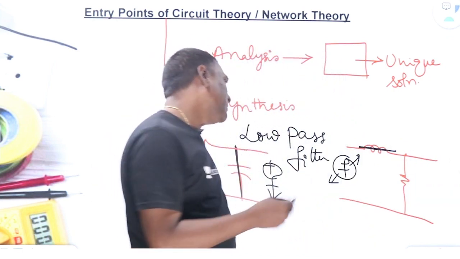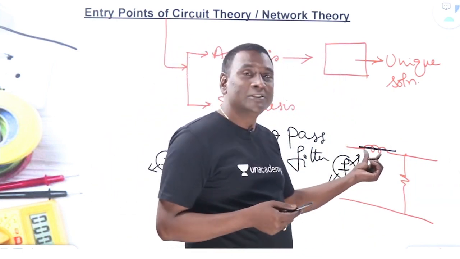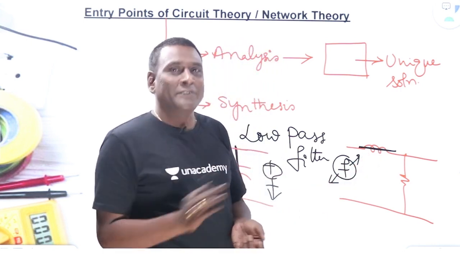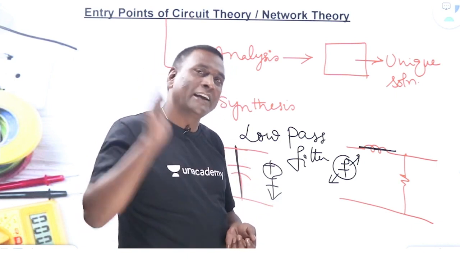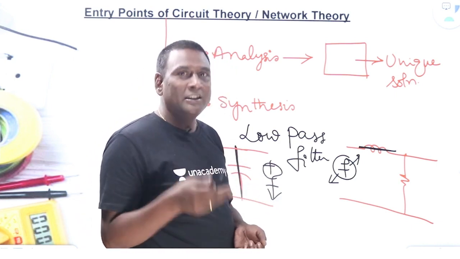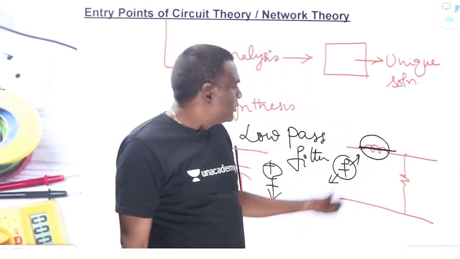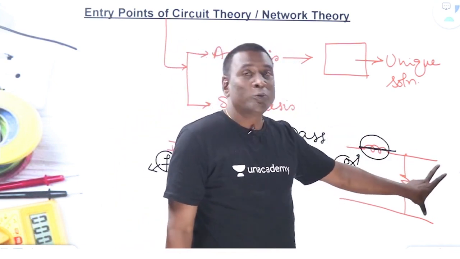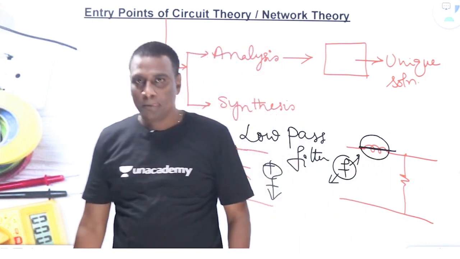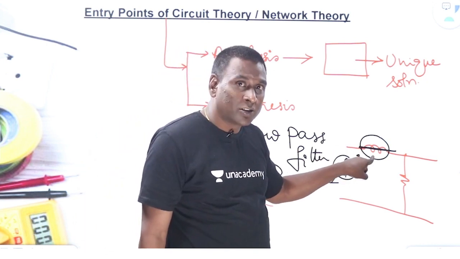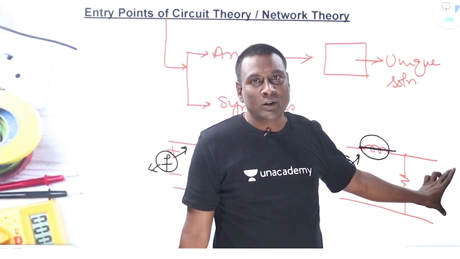Right? Now, if you keep on increasing frequency, the reactance of this will increase. For example, infinite frequency, this is very, very high frequency. At very, very high frequency or infinite frequency, it is going to behave like an open circuit. So the moment it is an open circuit, the output voltage is going to be 0. So at low frequencies, it is behaving like a short circuit and the input voltage will become the output voltage.